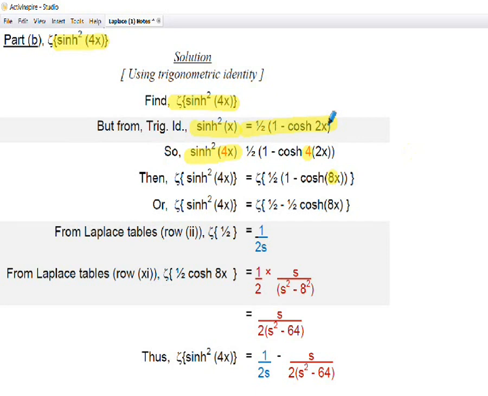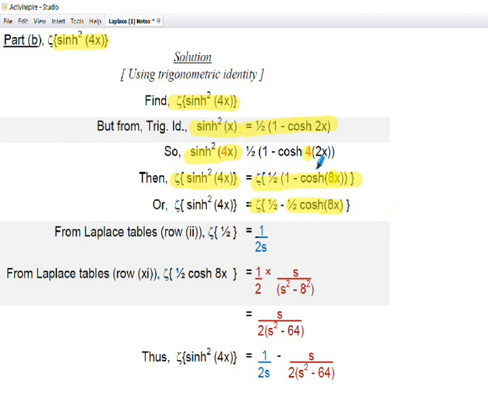So be careful of that, okay? So now the Laplace of sine squared 4x can be written as the Laplace of a half, 1 minus cos 8x, the 4 times 2 giving you the 8, and all I've done on this line is expand that bracket, so a half times 1 gives me the half, and then the half times the cos 8x.